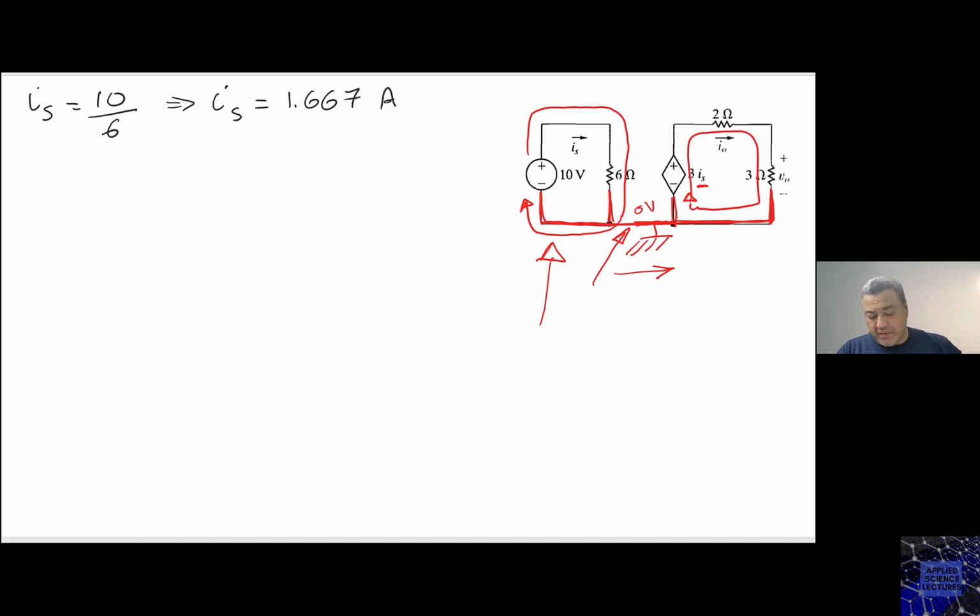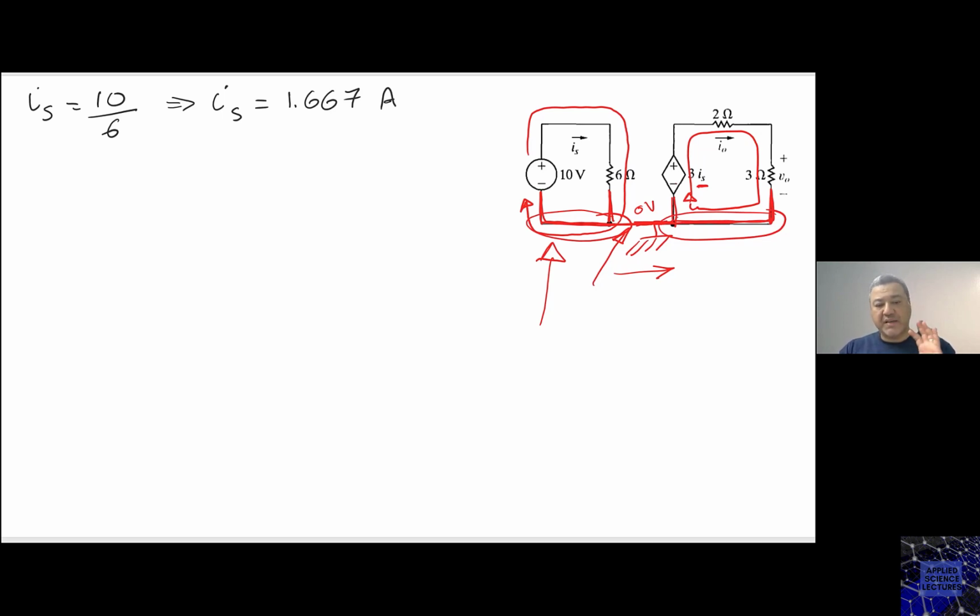Here, in this case, there is no closed path that basically forces the current to go in that direction. The only thing that this is doing is creating the same potential between this and this. Look at them as two separate circuits.